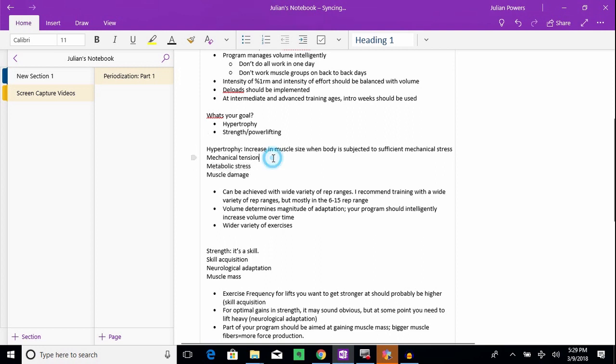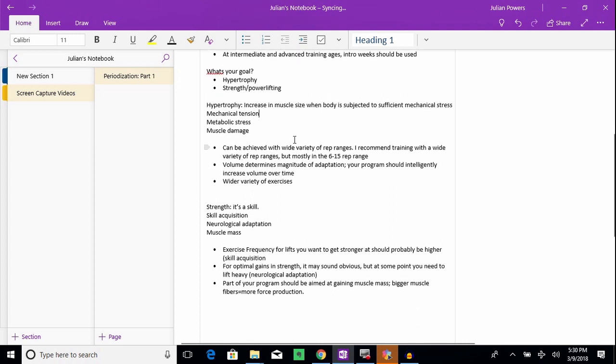So mechanical tension, which is direct weight, is the thing that without any other factor has increases in muscle hypertrophy. Now that we know these three things cause muscular hypertrophy or have some effect on it, when you're thinking about implementing them, in regards to periodization, you want to have a wide variety of rep ranges.